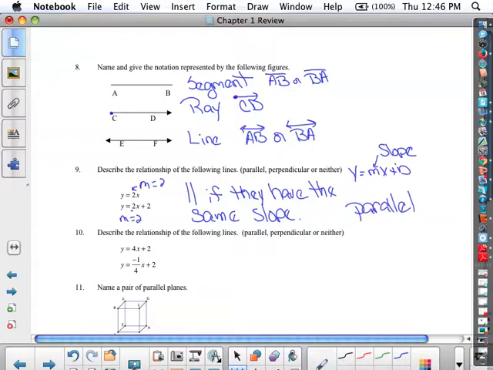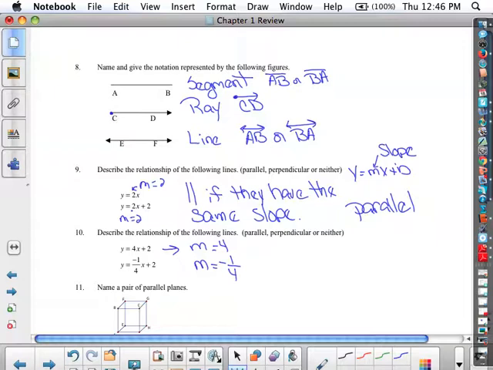In number 10, you're asked to describe the relationship between these two lines. Are they parallel, perpendicular, or neither? Again, we're looking at that slope, m. So for the first equation, m is equal to 4. For the second equation, it is equal to negative 1/4.